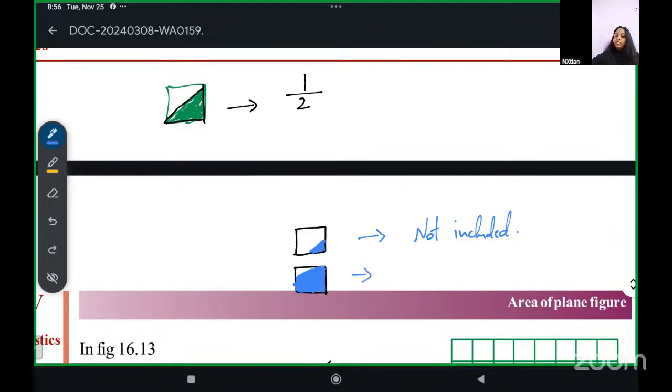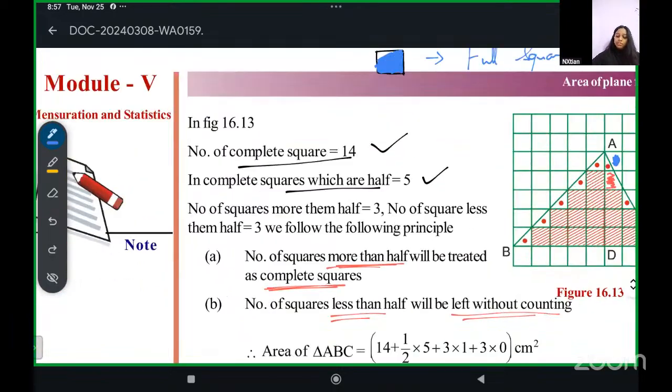So this is counted as a full square, fully shaded. That is what we are going to do now.